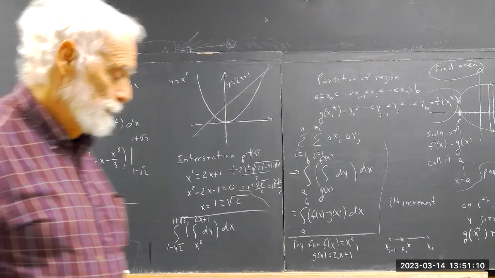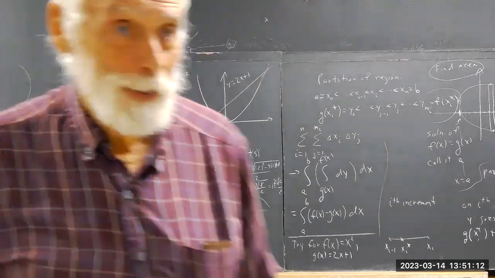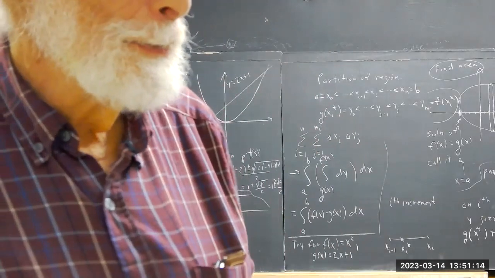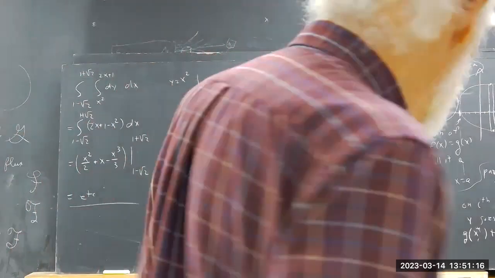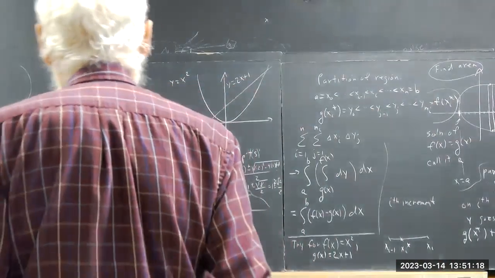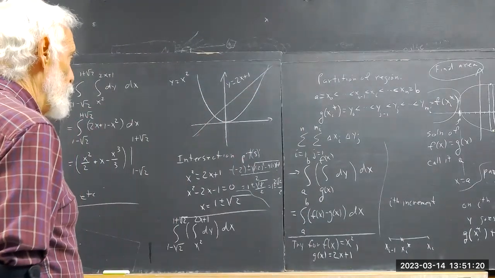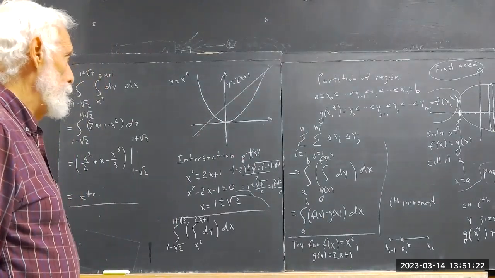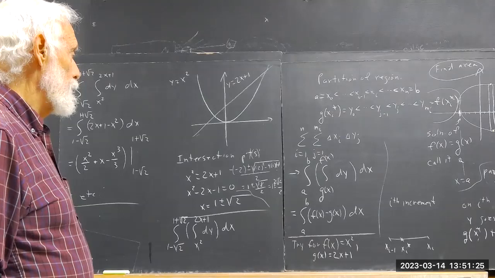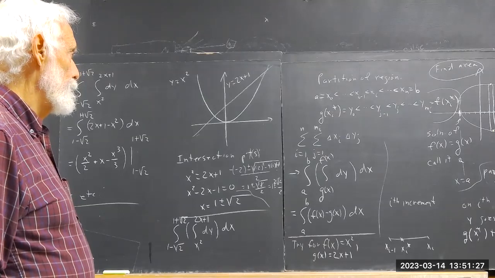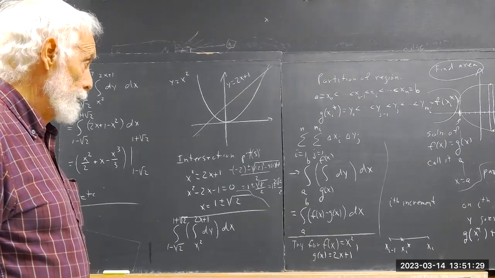A little dubious, but I guess it ends up positive. It has to, that area is positive. Okay, now your book talks about type 1 and type 2 regions. I'm going to let you read about that rather than try to explain it.